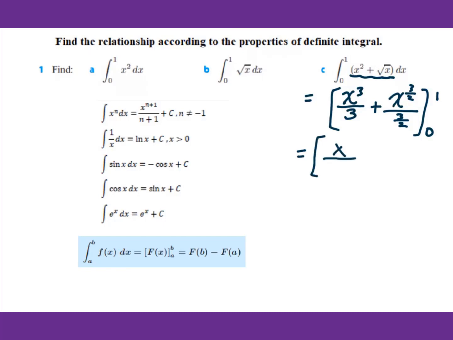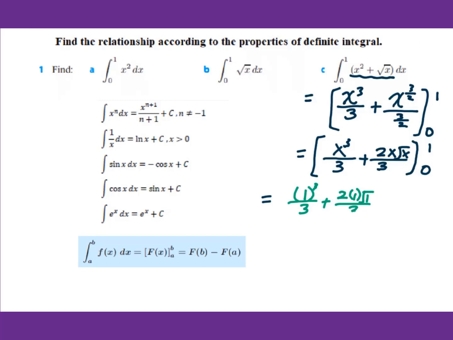Organize: x to the third power over 3, then plus 2 over 3 x square root of x, from 0 to 1. We plug in 1 first. You will get 1 to the third power over 3 plus 2 times 1 square root of 1 over 3. Then minus. You have to put the parentheses here.